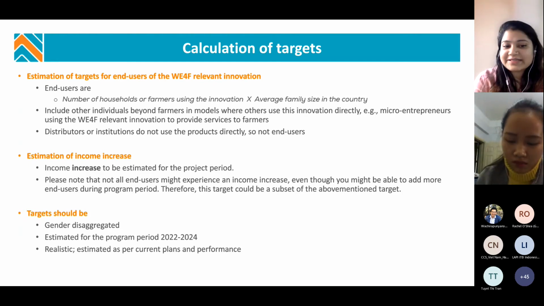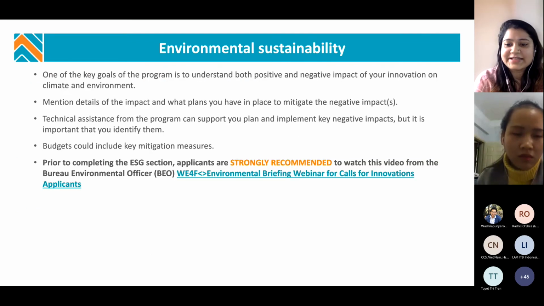These targets should be estimated for the program period of 2022 to 2024. We want you to be realistic and estimate as per your current plans and performance. Please look at the current numbers and commit to targets that you think you could achieve within these 2 years.